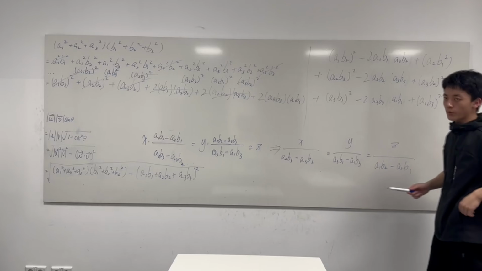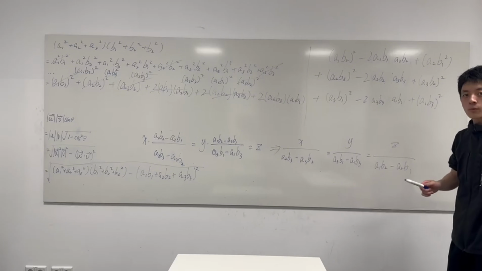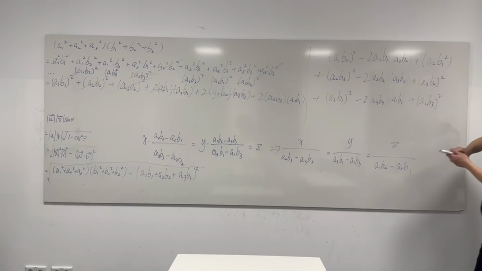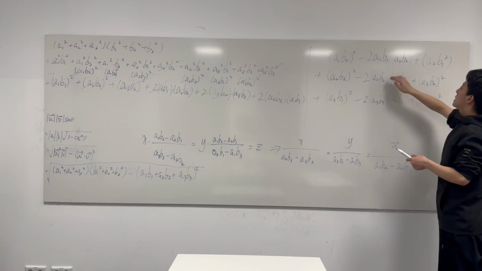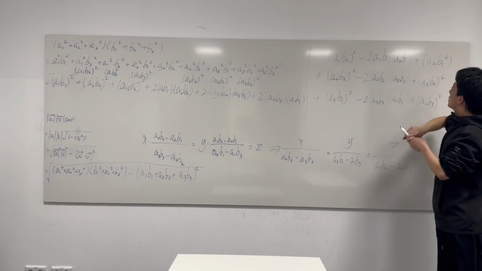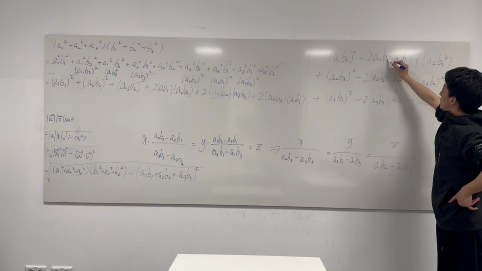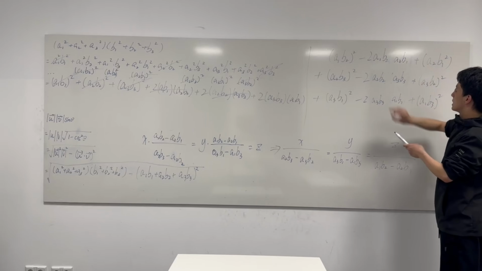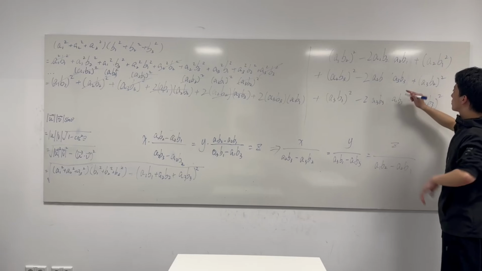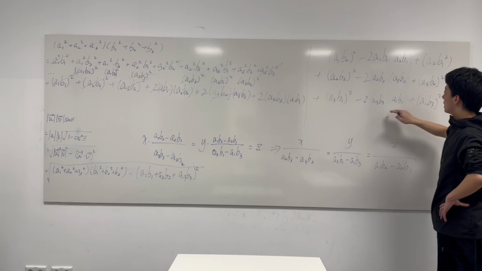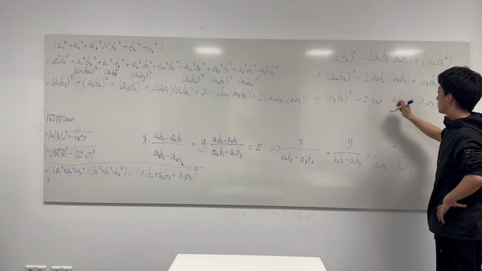We can arrange them to the form we need. It was a1 b1 a2 b2, but we can write it as a1 b2 a2 b1. It is the same for a2 b2 a3 b3, which is a2 b3 a3 b2, and for a3 b3 a1 b1, which is a3 b1 a1 b3.